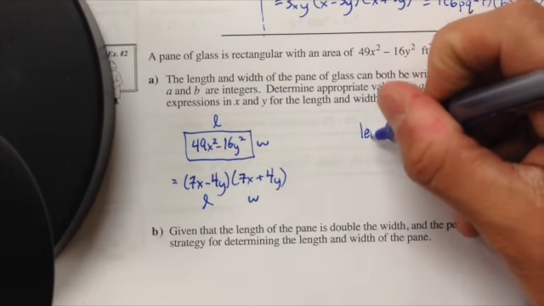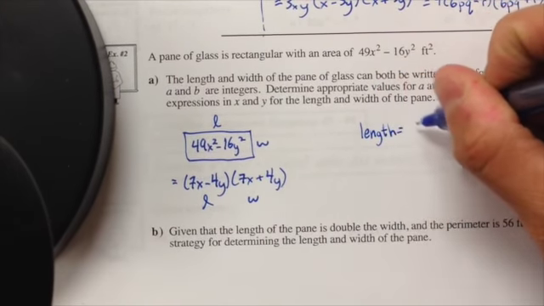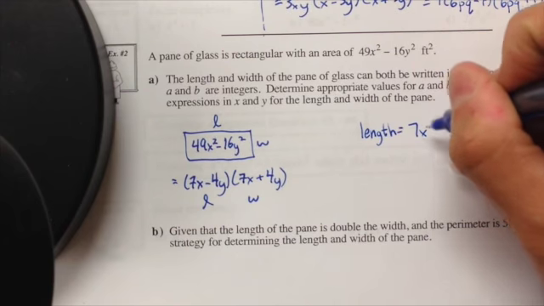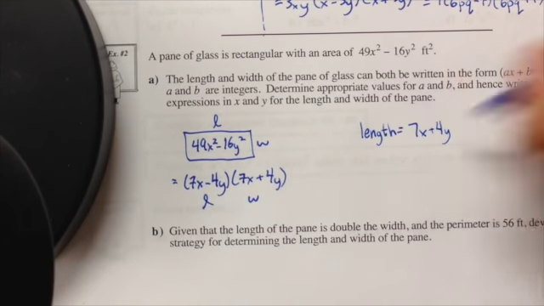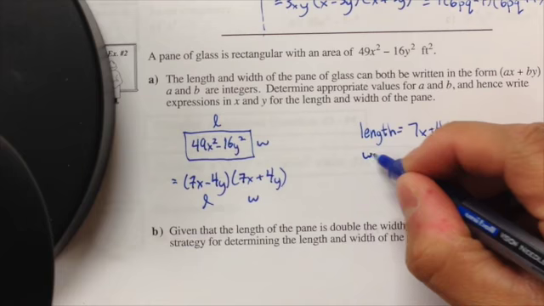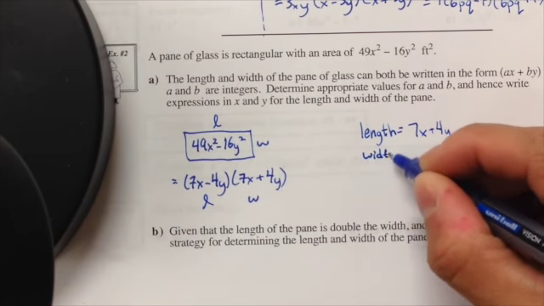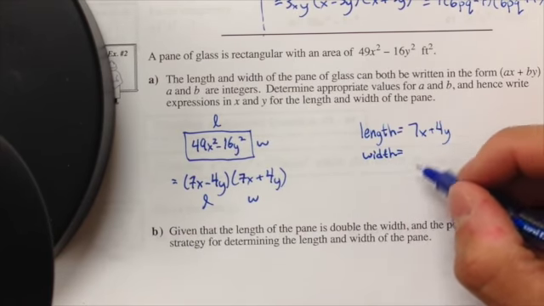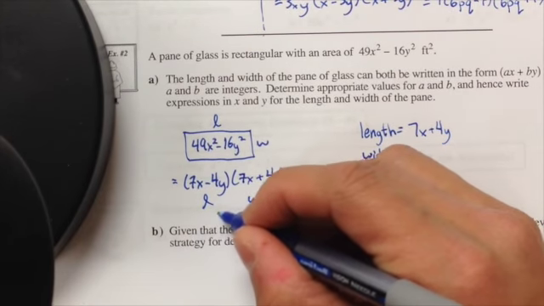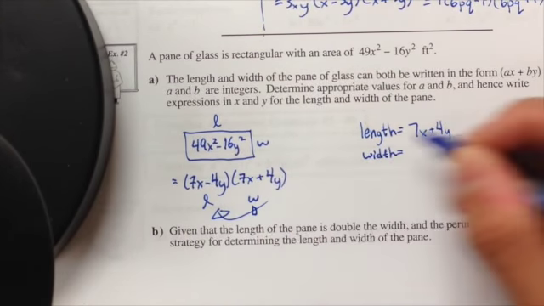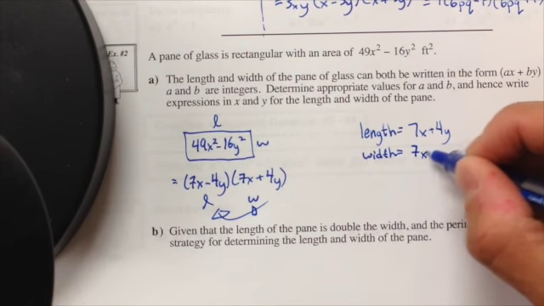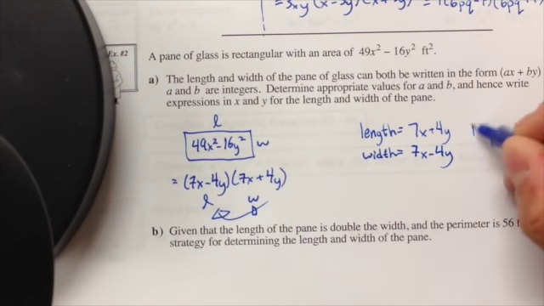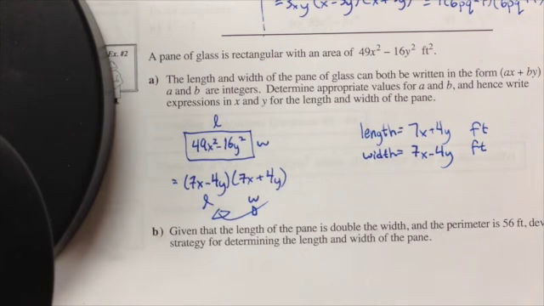Okay, so that means that our length is equal to 7x plus 4y, and our width is equal to... oh, I got these backwards over here, so I'm just going to switch those around. And our width is equal to 7x minus 4y. And these, remember, are in feet.